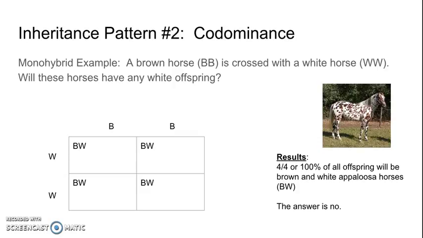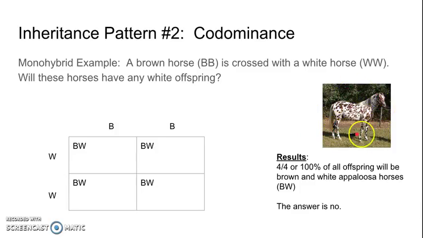So, when crossing the brown horse and the white horse, we see that in the Punnett square, we have all BWs. Well, a BW offspring has an allele that codes for brown and then an allele that codes for white. And so what we see is that there's brown and white. And we know when that's in combination with codominance, that's a result.